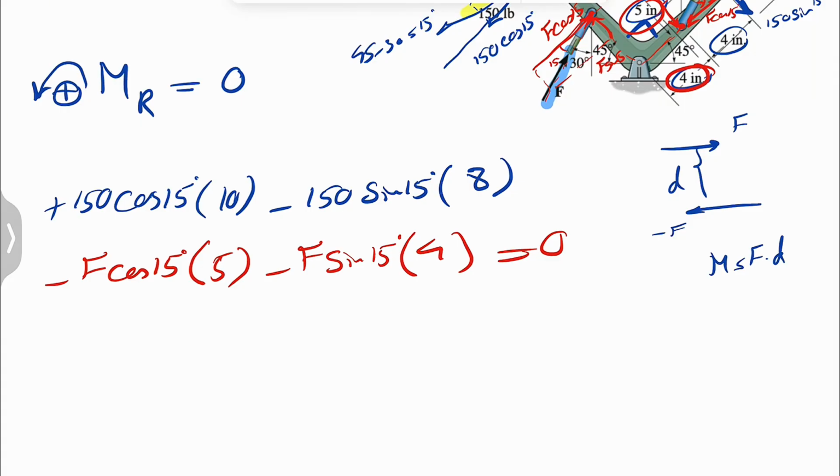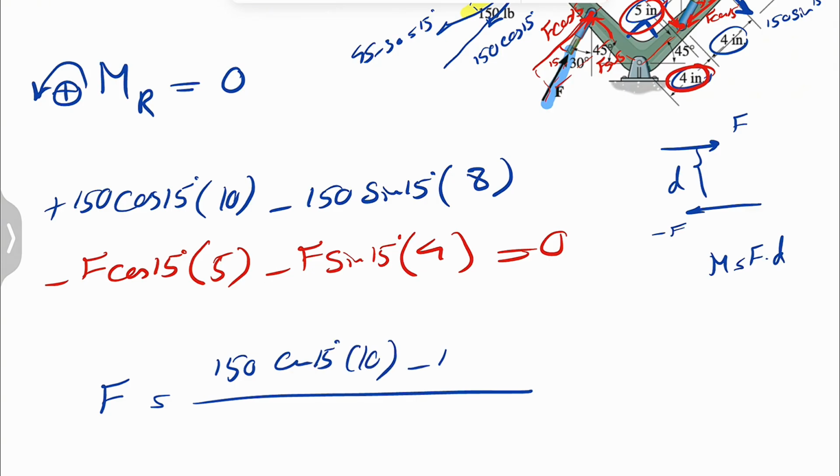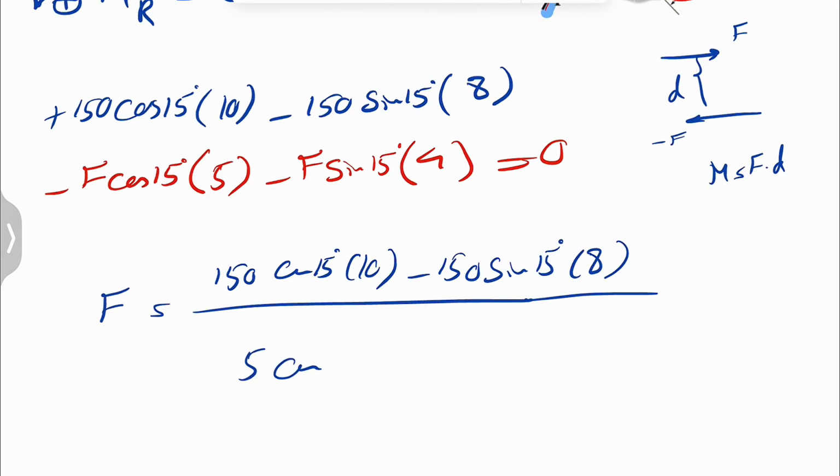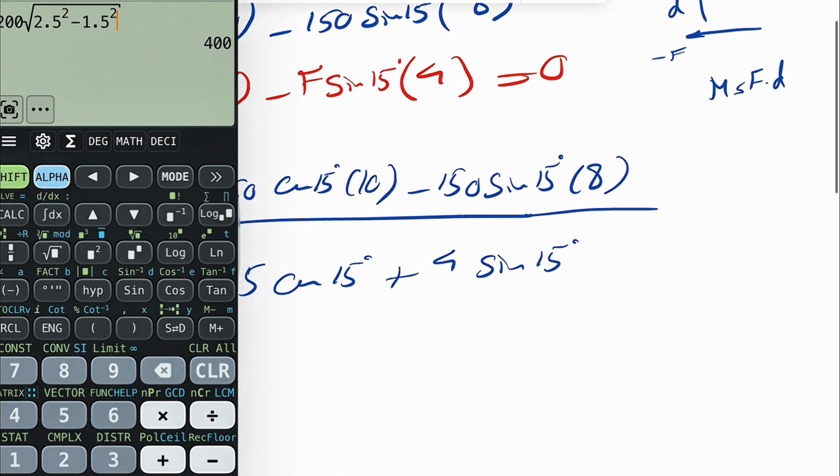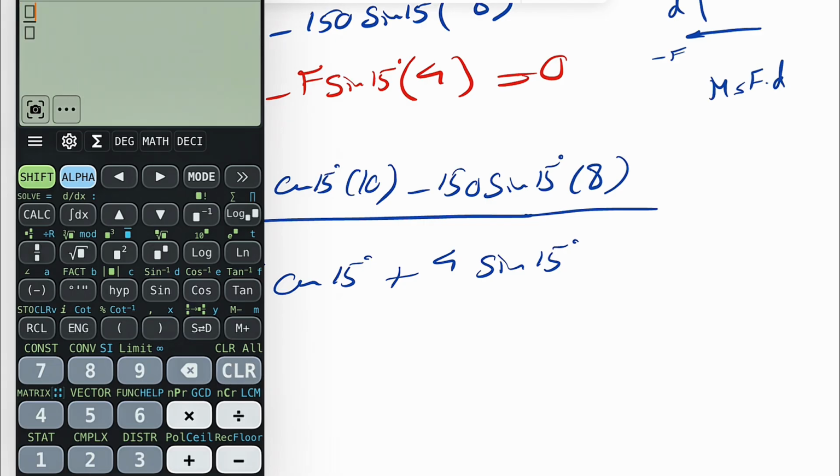So what I'm going to do in here is, if we just factor F, bring everything to the right side, we have 150 cosine of 15 times 10, negative 150 sine of 15 times 8. And here we're going to have 5 cosine of 15 plus 4 sine of 15 degrees. This should give us the final answer.